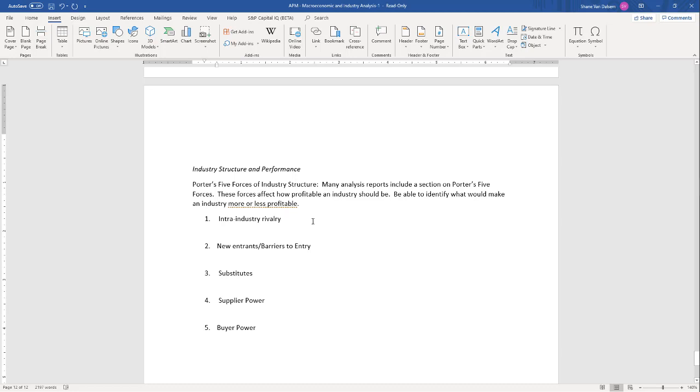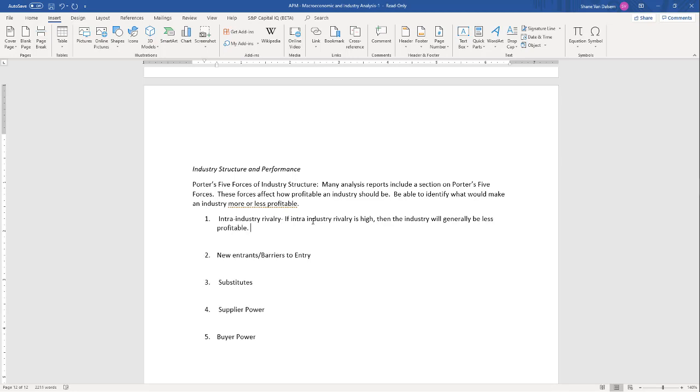So the 5 forces of industry structure indicate how profitable an industry will be. Intra-industry rivalry. So if intra-industry rivalry is high, then the industry will generally be less profitable, because the firms within that industry are competing against each other.